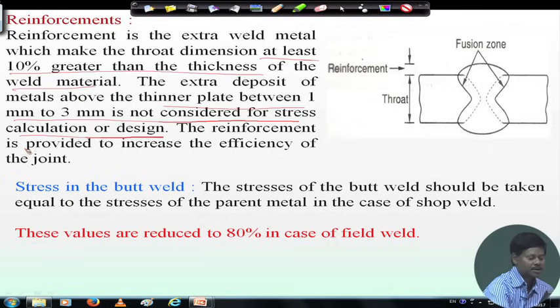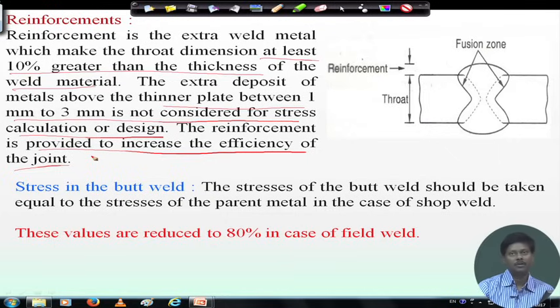The reinforcement is provided to increase the efficiency of the joint. So, reinforcement is not taken into consideration for calculation of strength, but to make it efficient we need to provide the reinforcement.